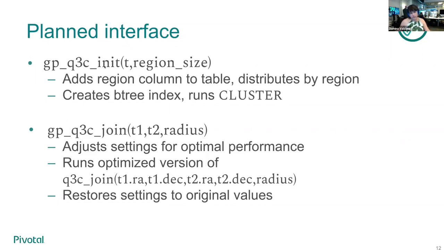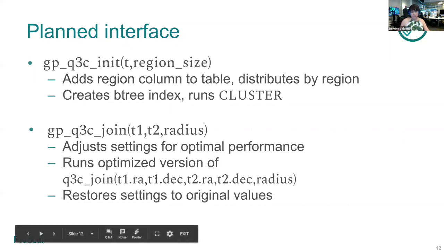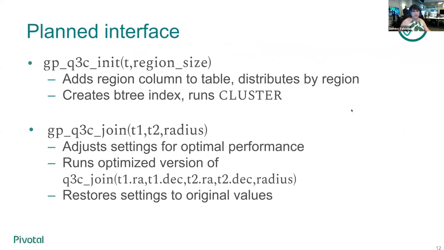The initialization would set up the tables and distribute them in the right way. It would set up this B-tree index and cluster it. Then the join function would change a bunch of GUCs, run the optimized version of the query, and then restore all of the settings back.